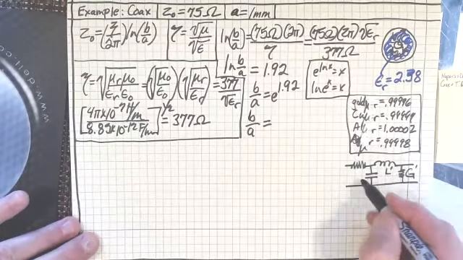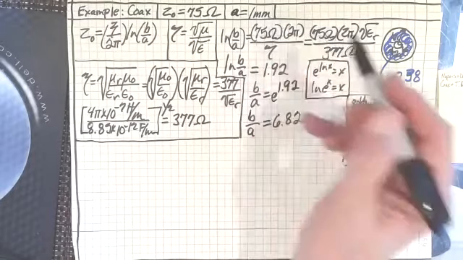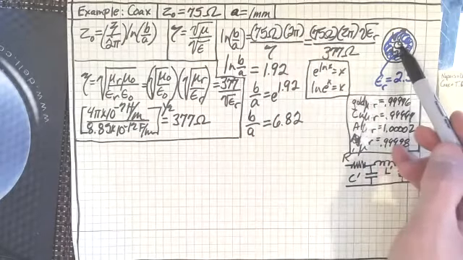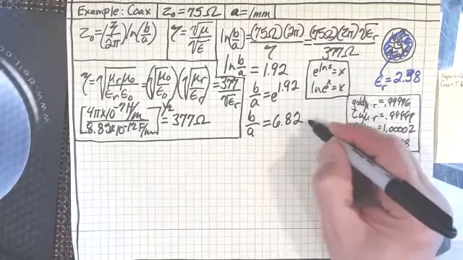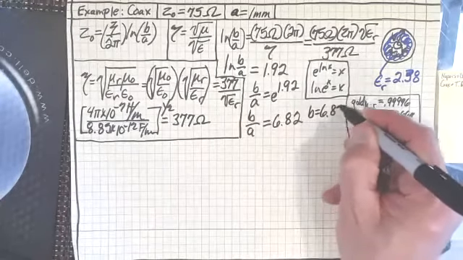6.82, right? And we know that the inner radius is 1 millimeter for the inside signal wire radius, right? Which means the diameter would be 2 millimeters. And so we've got an outside radius then of 6.82 millimeters, right? So we know that B equals 6.82 millimeters.